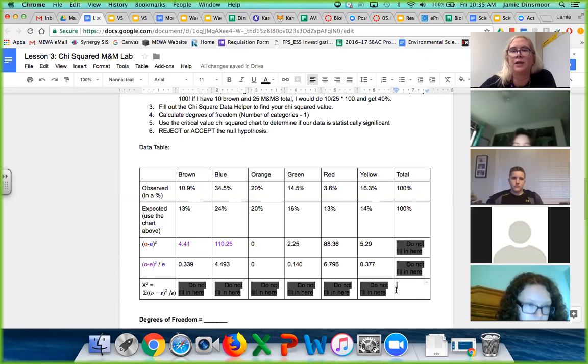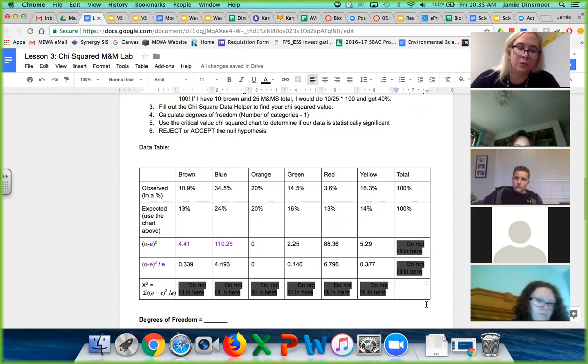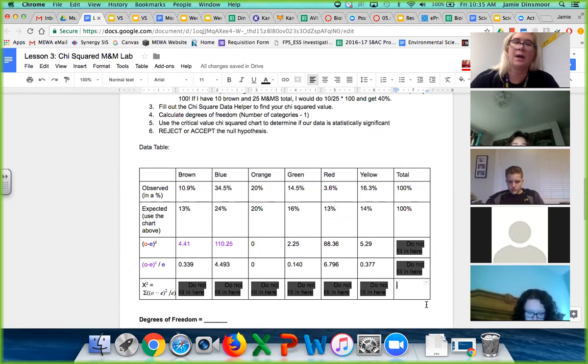So the final step is actually just to add up all these last numbers that we got. So we're going to add all of these up, and that's going to give us our chi-squared value. So we're going to have 0.339 plus 4.493 plus 0 plus 0.140 plus 6.796 plus 0.377, and we get 12.145.